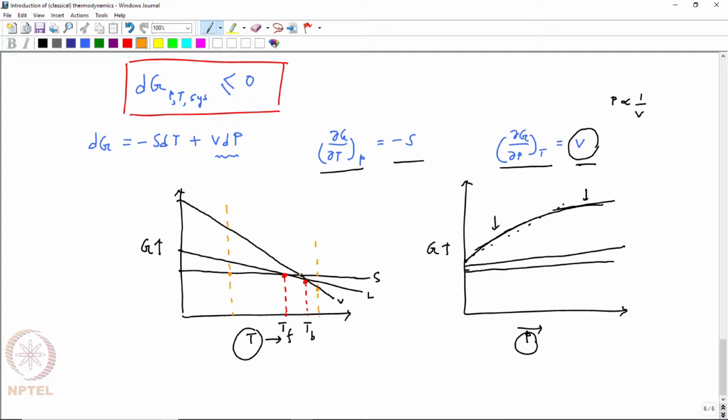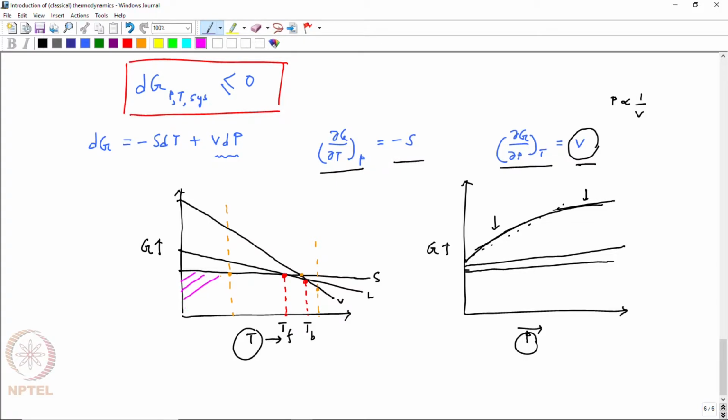So similarly, this solid to liquid transition will not happen at this pressure the way we have drawn it, because I see that up to the TF temperature, this entire region, the solid, let me use some other color, the solid is the most stable form.